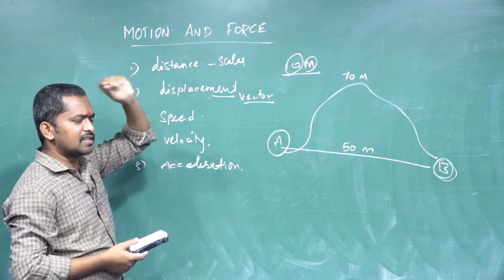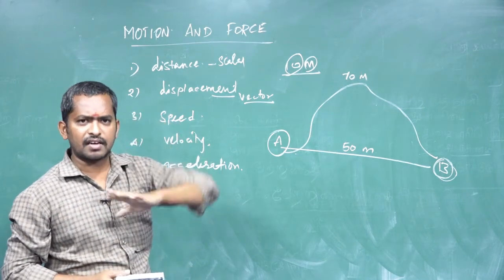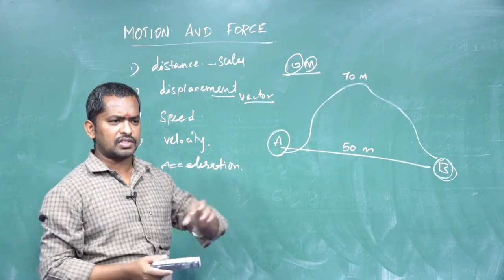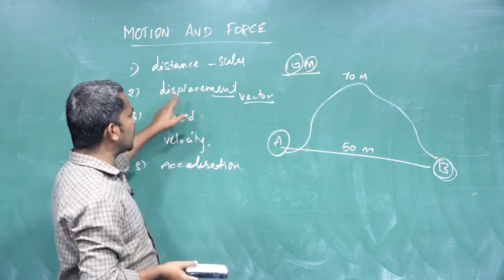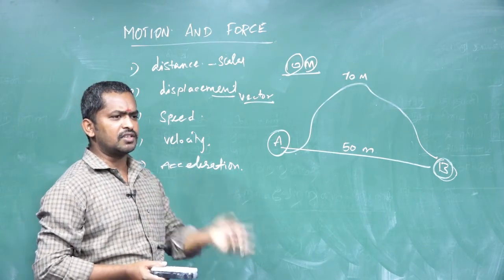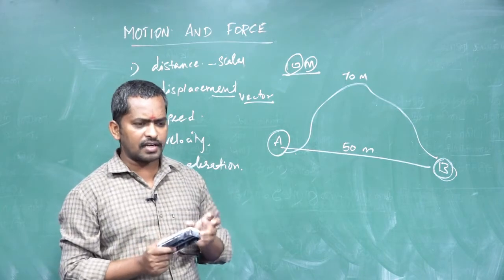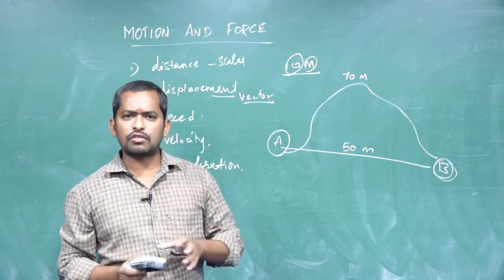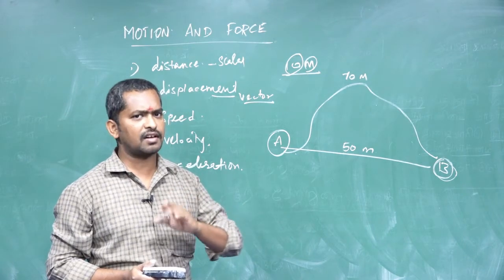A scalar indicates only magnitude. Vector quantity means a physical quantity which has both magnitude and direction.